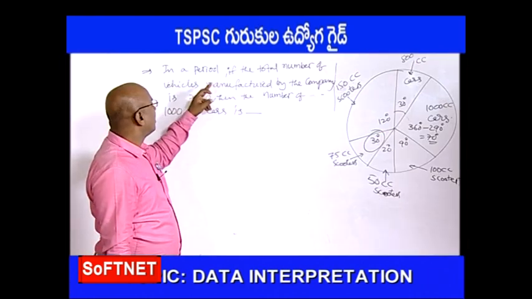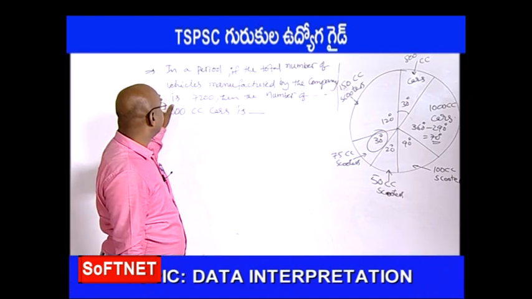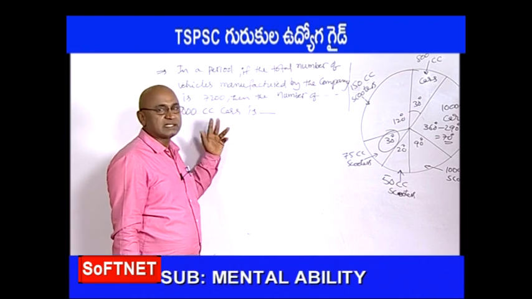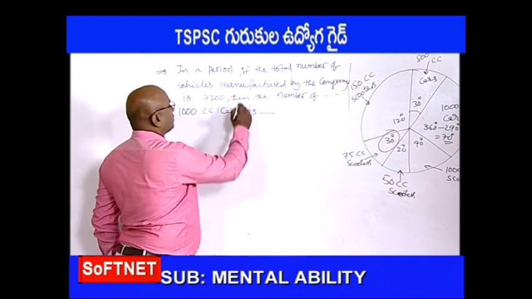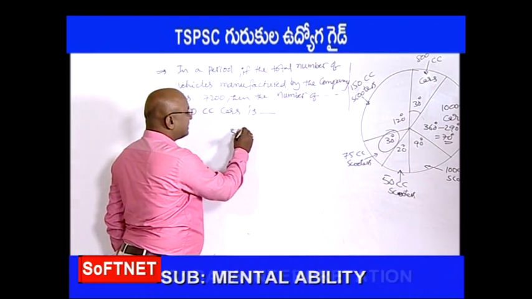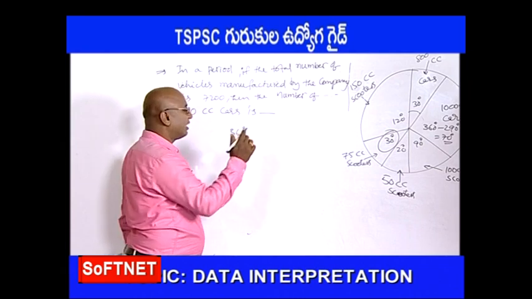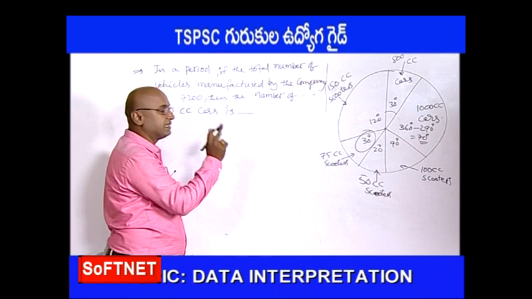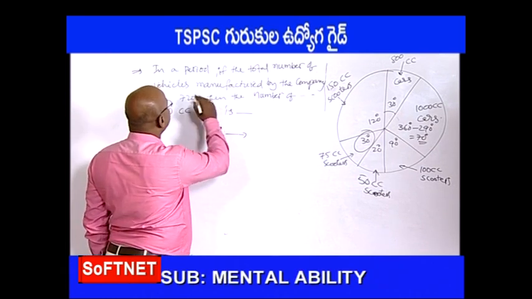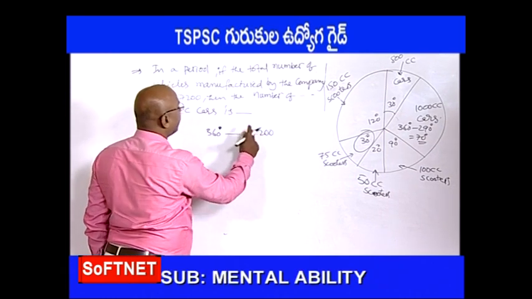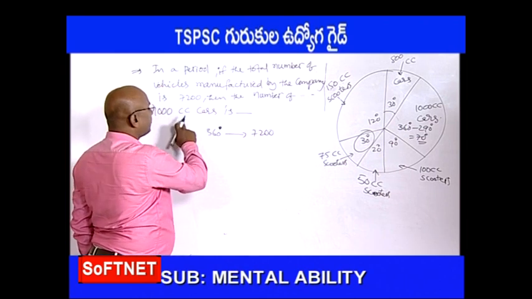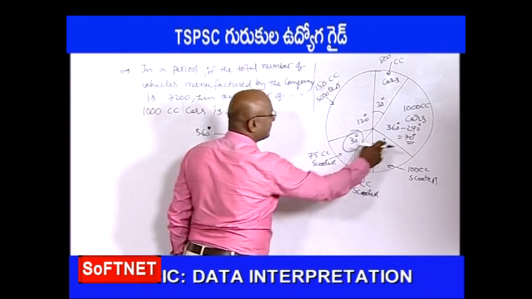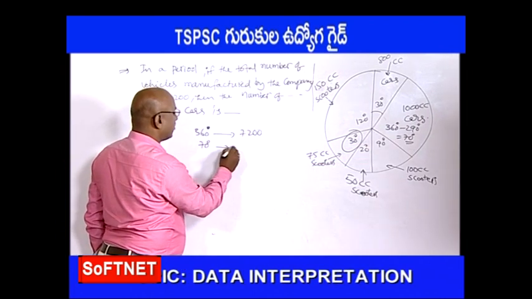In a period, the total number of vehicles produced is 7200. Then what is the number of 1000 cc cars? Total number means that is 360 degrees, total manufacturing. Okay? It always reveals that the value corresponds to 360 degrees. If 360 degrees is equal to 7200, then what is the value of 1000 cc? That is 70 degrees. So then 70 degrees how much?